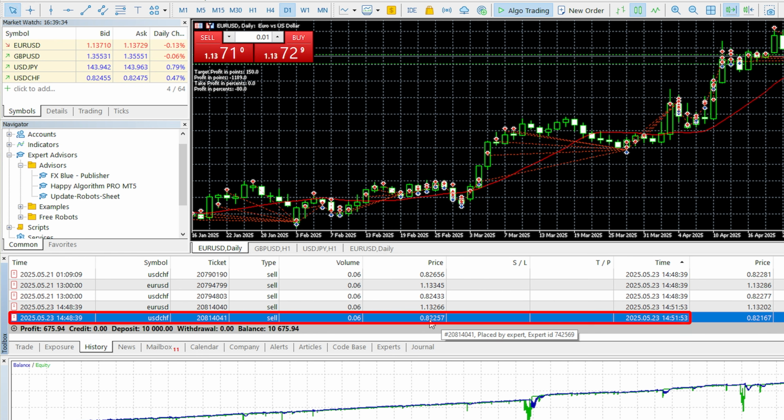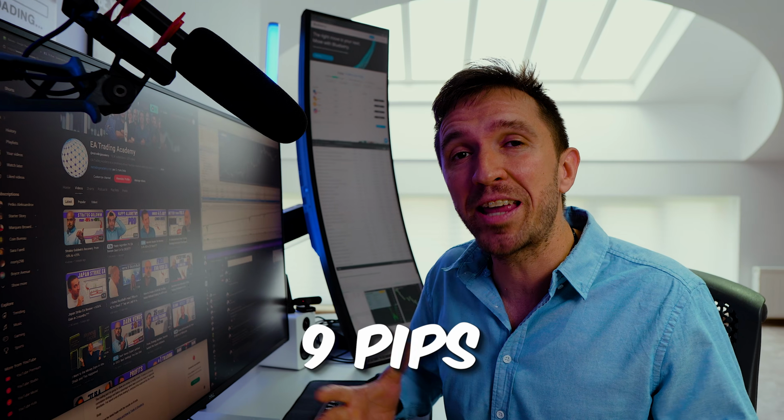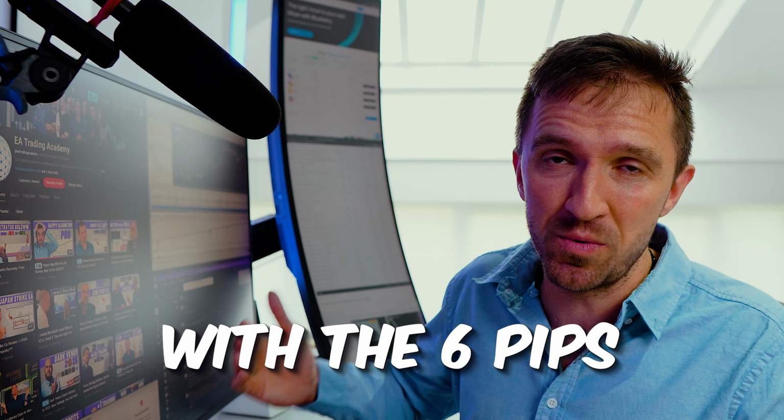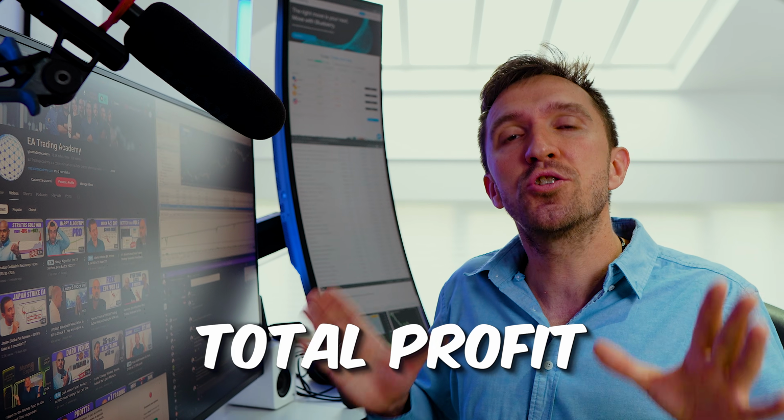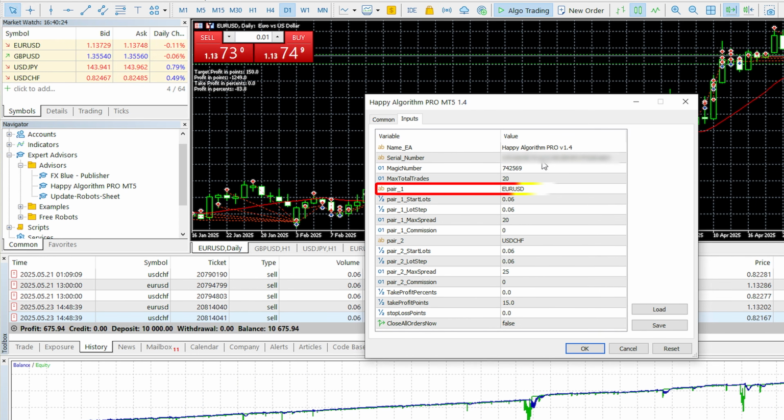Now with the dollar Swiss we have again a short trade at 0.8225 and this short trade was closed at 0.8216. Well, that's about 9 pips, and together with the 6 pips from the euro-dollar, total profit of 15 pips and the trades close.